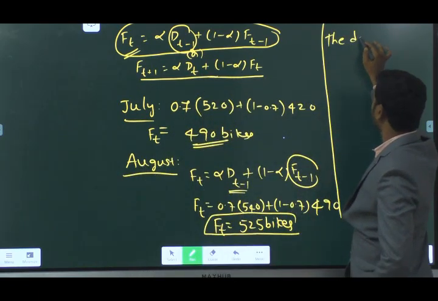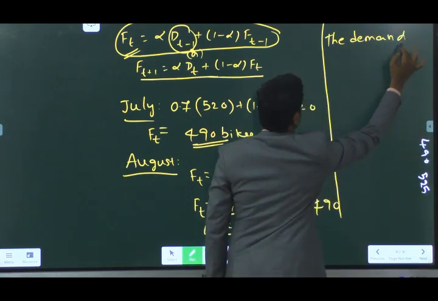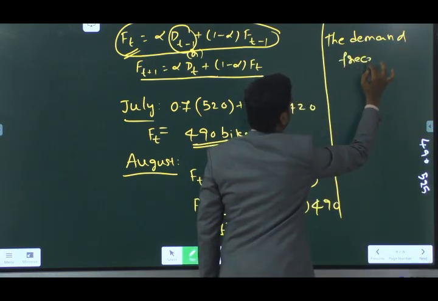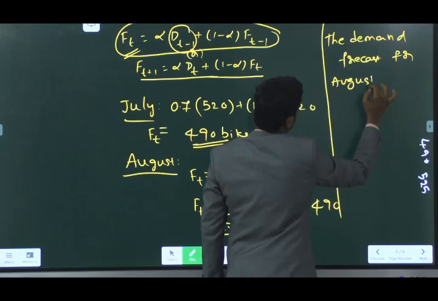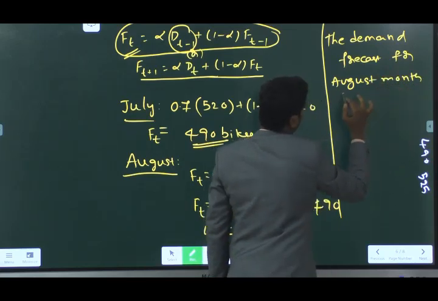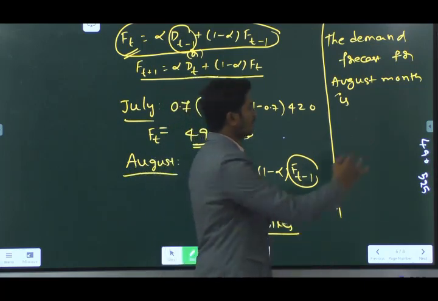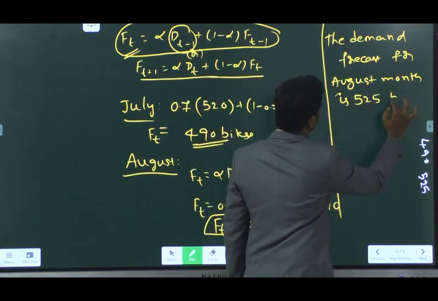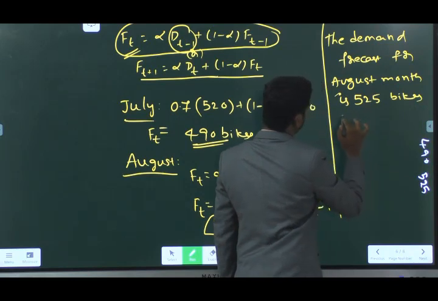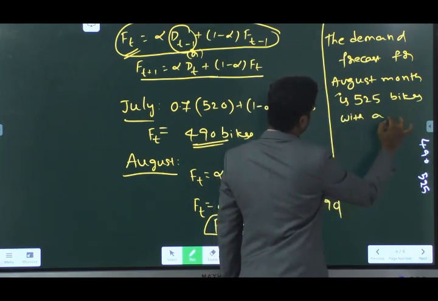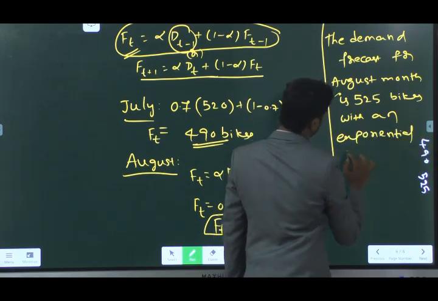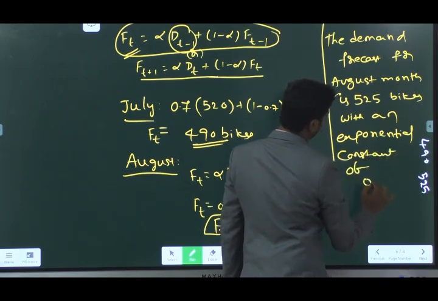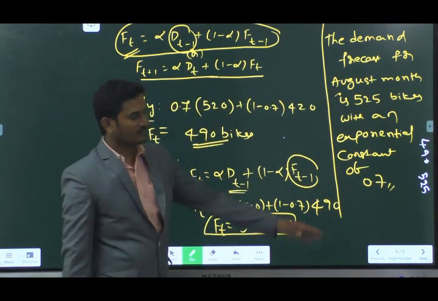The demand forecast for the August month is 525 bikes with an exponential smoothing constant of 0.7. This is the solution for the problem.